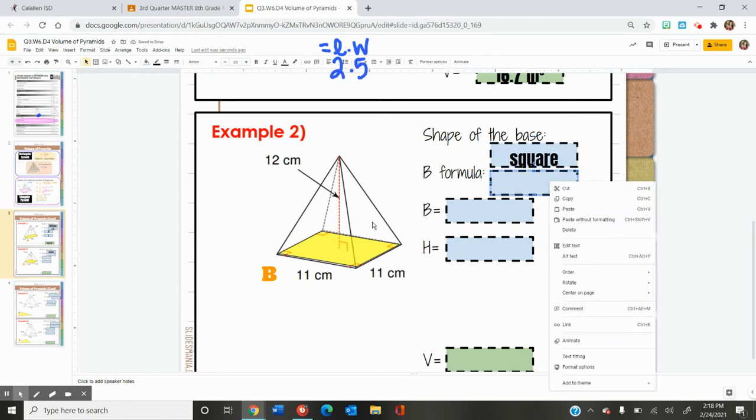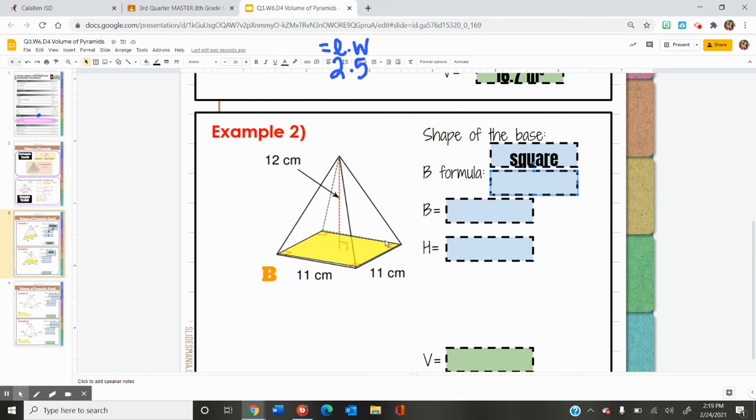And to find the area of this square, we're going to take the length times the width. So again, the area of my base is big B, and this equals length times width. Our length is 11, and our width is 11.